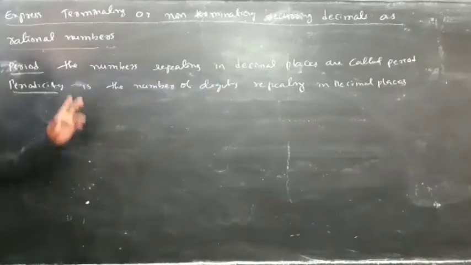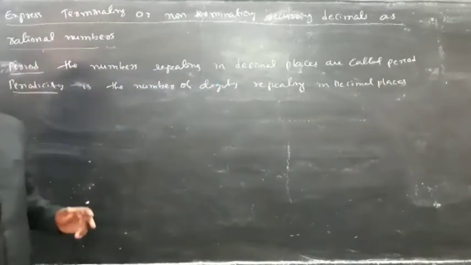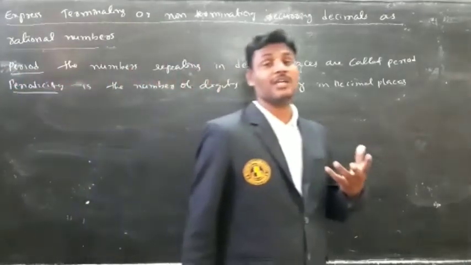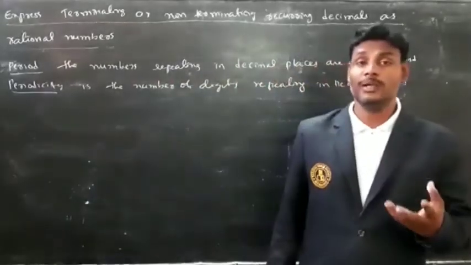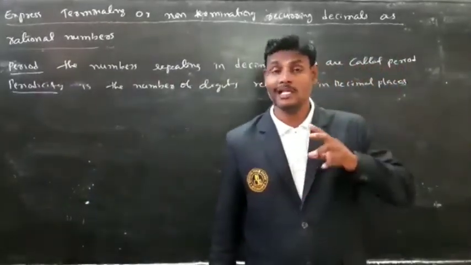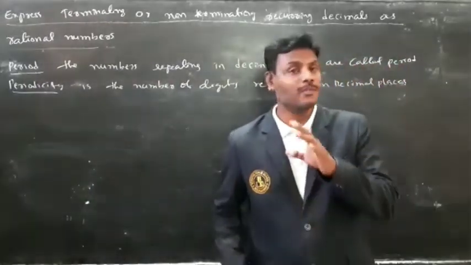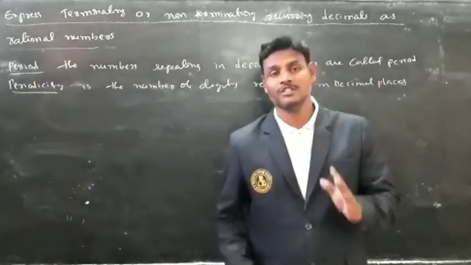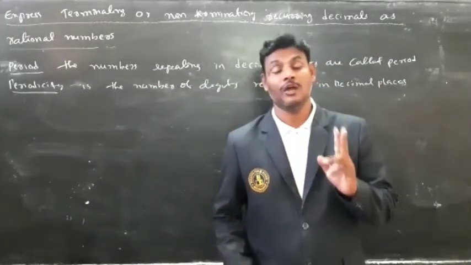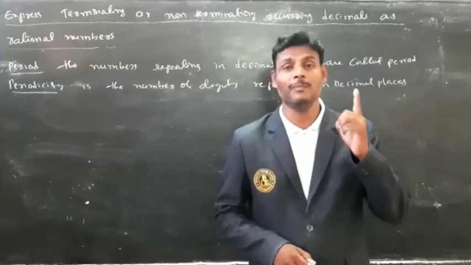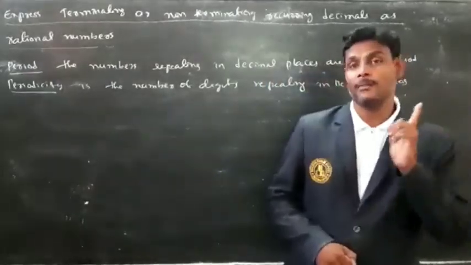Our next concept: express terminating or non-terminating recurring decimals as rational numbers. Before doing that, first you have to know two words, period and periodicity.